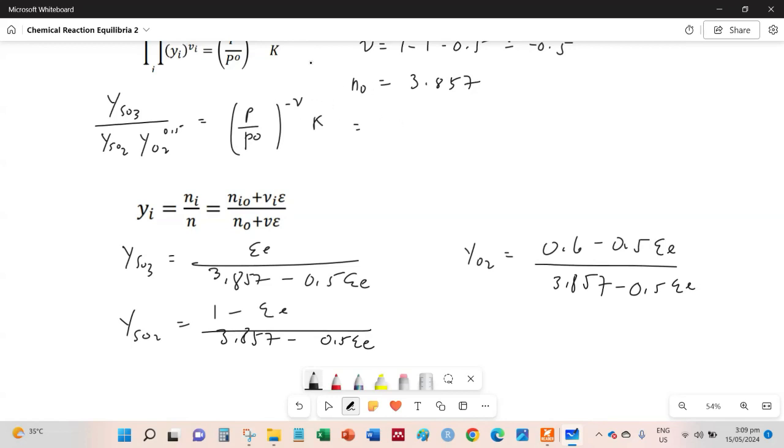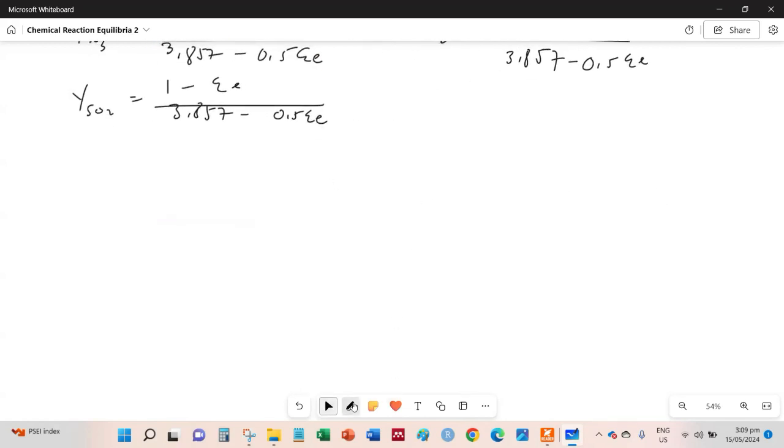So this entire thing will be equal to 1. And this is just equal to K. Okay, so again, because this term right here is equal to 1. So if we substitute the y values in the equations for y, you will get something like this.